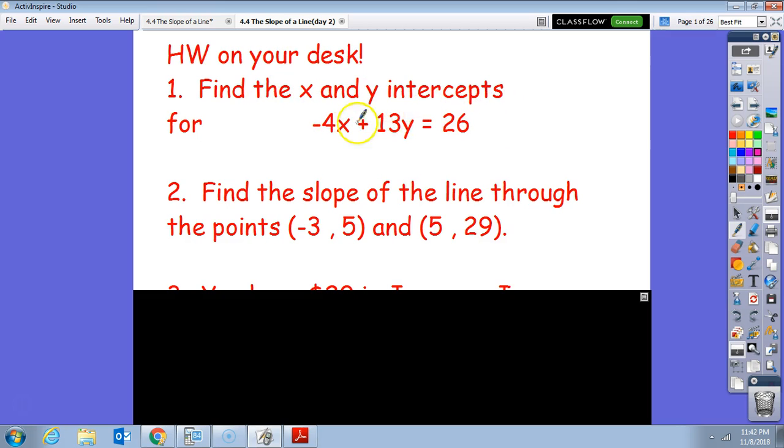Finding the x and the y-intercepts. So, the last couple classes we looked at finding the x and the y-intercepts. To find the x-intercept, you always let y equal 0. So, you plug in 0 for the y. If you do that, that gives me negative 4x. The 13y cancels out, and it leaves me with 26. If you divide by negative 4, that is going to give you x is equal to negative 13 over 2 as a fraction.